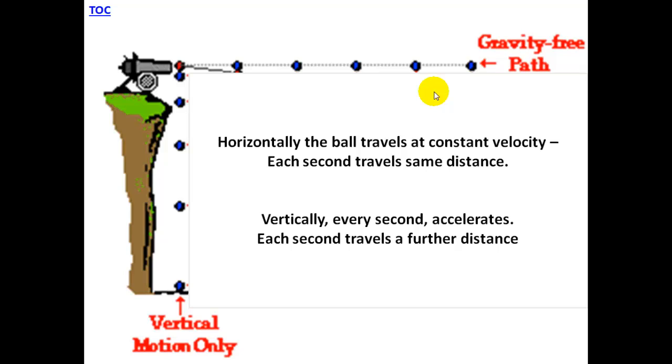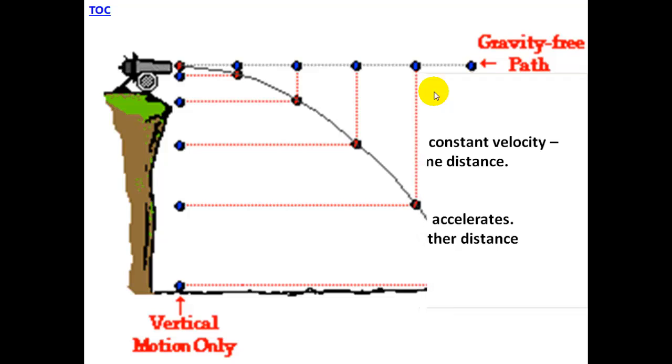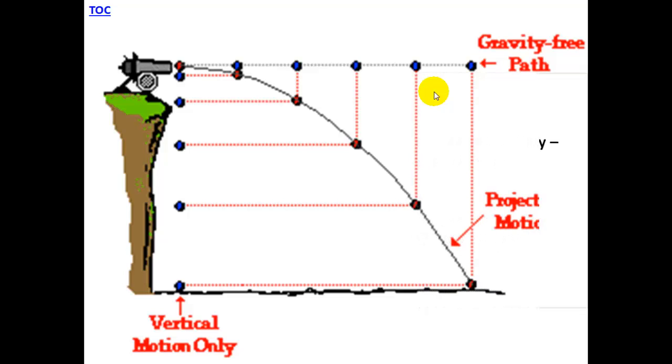So if we actually have a body which is undergoing vertical acceleration and horizontal motion, you're going to get a curve which looks like this. Notice vertically it accelerates, horizontally it stays at the same speed, and this is a characteristic curve of projectile motion.